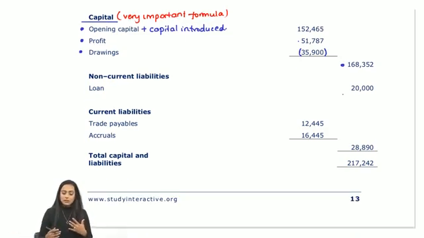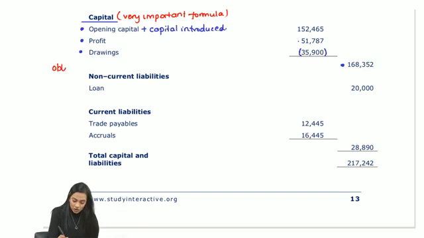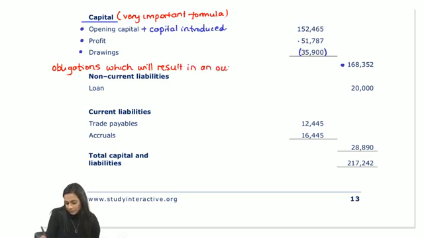Underneath capital, we then show liabilities. And a liability is an obligation which will result in an outflow of benefits.